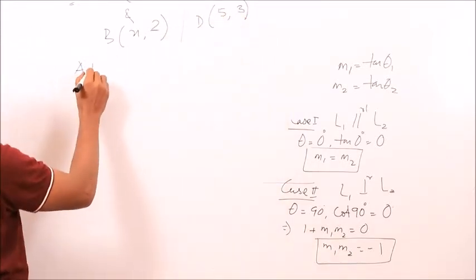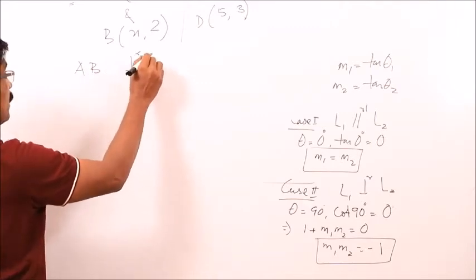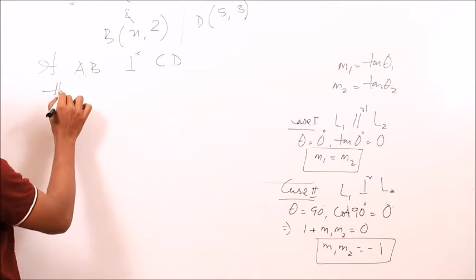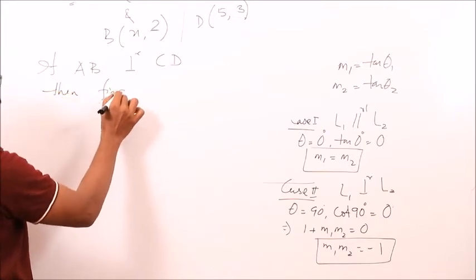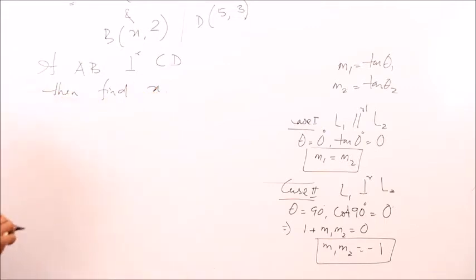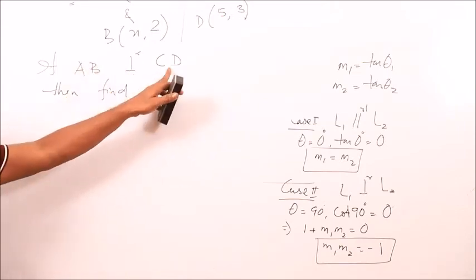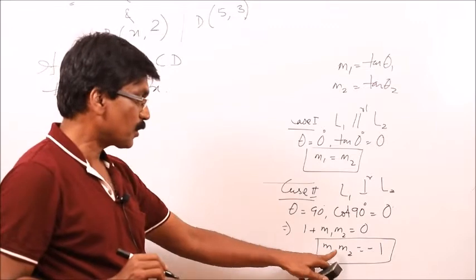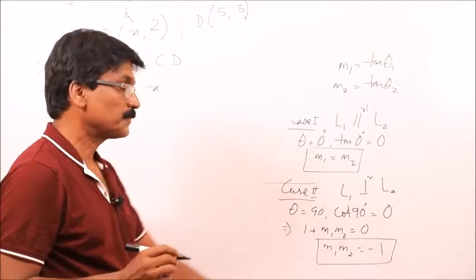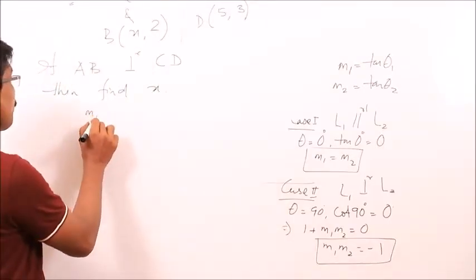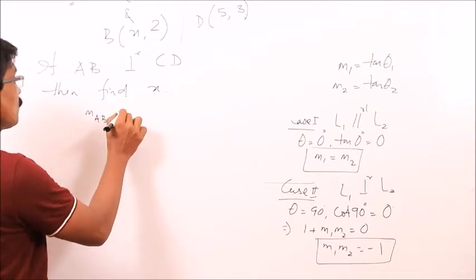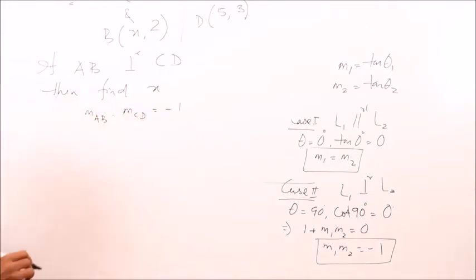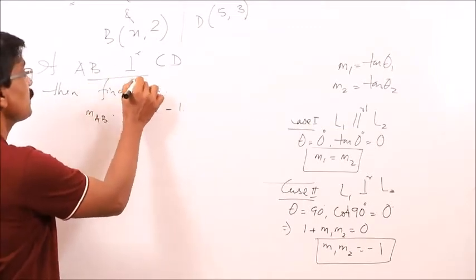If AB is perpendicular to CD, then find x. So if AB is perpendicular to CD, the condition is the product of their slopes is equal to minus 1. So slope of AB into slope of CD is equal to minus 1. That is AB is perpendicular to CD.